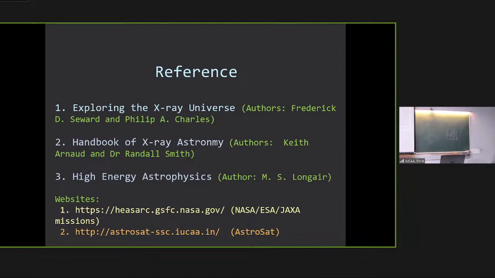X-ray binaries, when we say that, mean stellar mass neutron stars or black holes which will be emitting these X-rays. The luminosity of these sources will be lower than a certain limit, the so-called Eddington luminosity. Have you come across the Eddington luminosity?